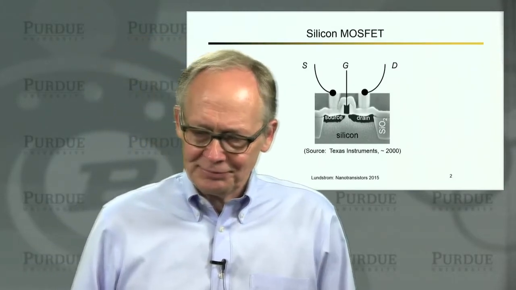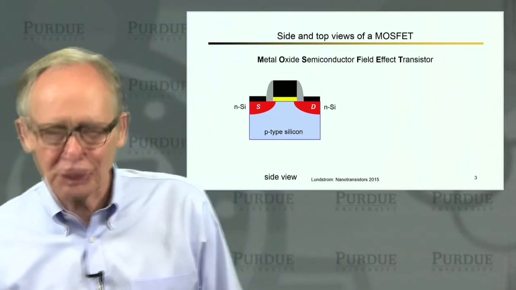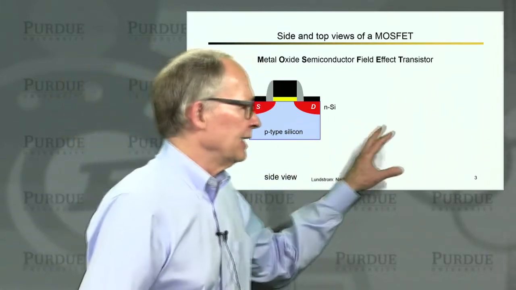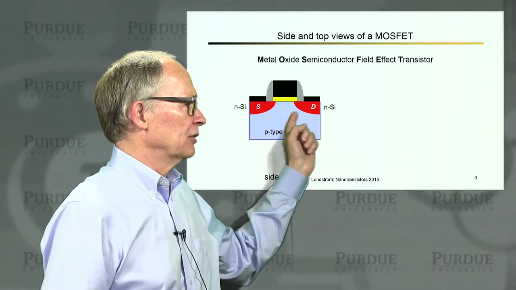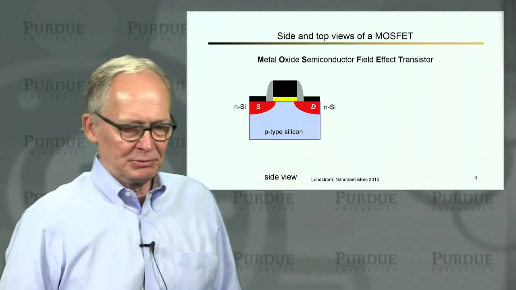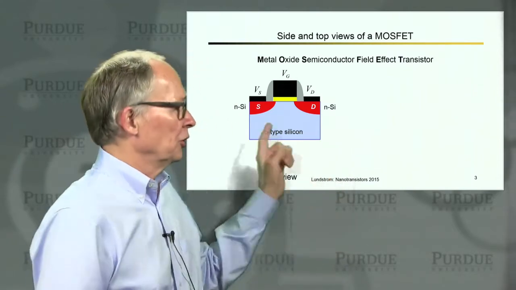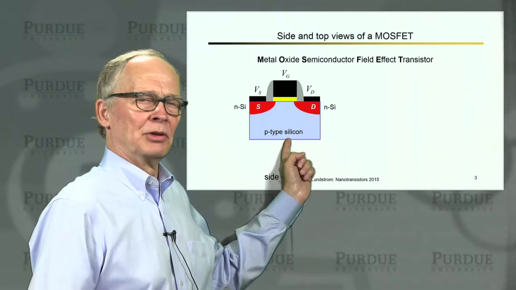So here's our cross-sectional view of a silicon MOSFET. Here's a cartoon sketch of that same MOSFET. So you can see all of the key elements, the source and the drain. These are N-type, so this would be an N-channel silicon MOSFET. We apply voltages to the 3 terminals. We won't worry about the 4th terminal for the time being.